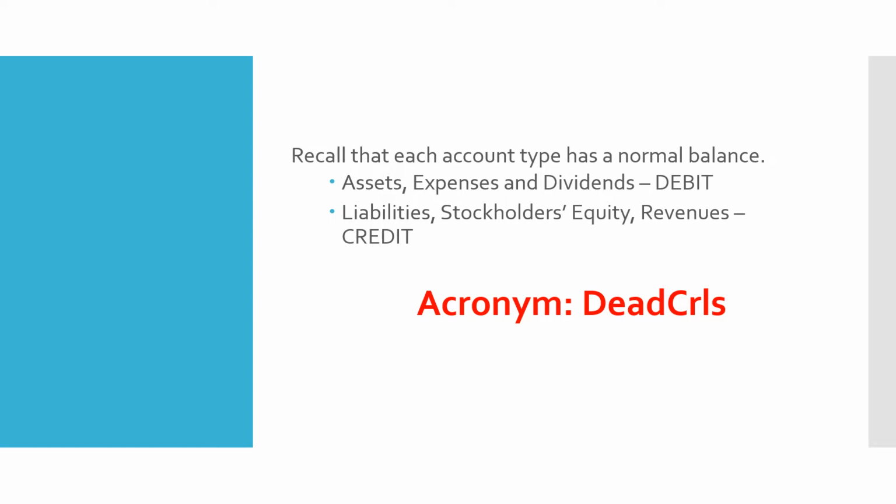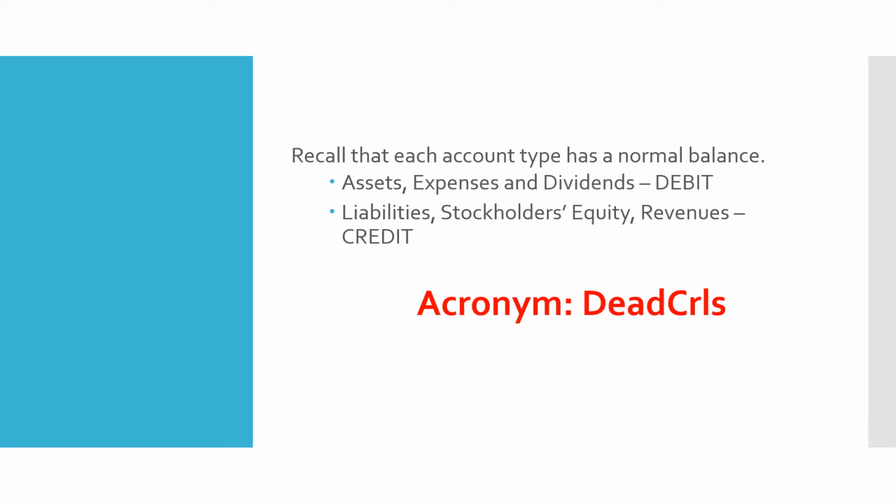So just a tip for remembering this. Recall that each account has a normal balance, which is its increased side. For assets, expenses, and dividends, that's a debit. For liabilities, stockholders' equity, and revenues, that's a credit. So in the short run, you can use this acronym DED CLRS to help identify the increase and normal balance side of each of your account types.